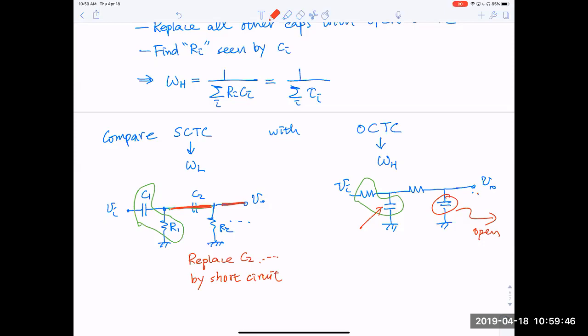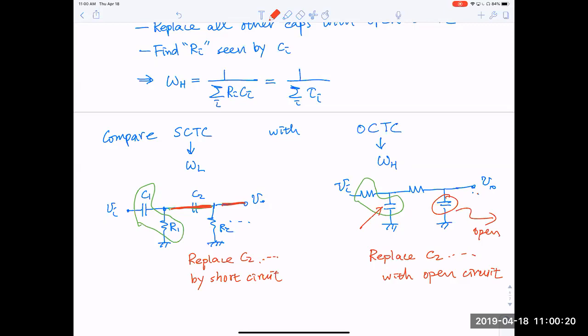So we should replace C2 and all other capacitance by open circuit, right? You don't really need to remember which one corresponds to which, as long as you remember which RC is a high pass filter and which RC is a low pass filter. Then it becomes clear whether you should use open circuit or short circuit.